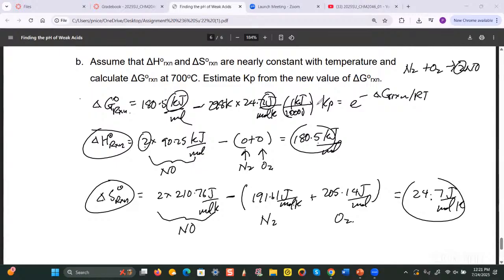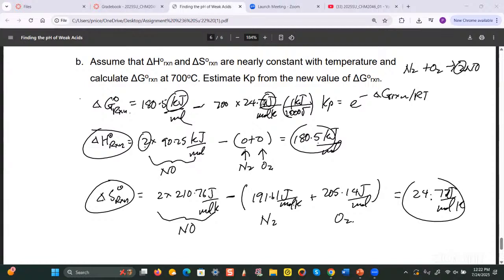We should use 700 for the temperature. Question: shouldn't the 24.7 have 2 decimal places? It should be 24.77 here.